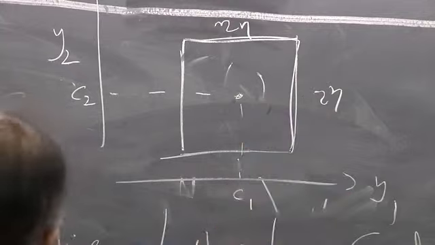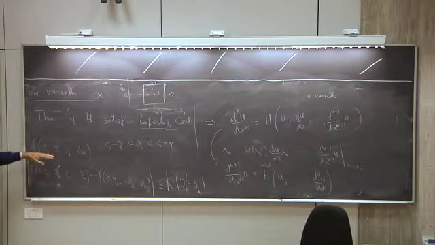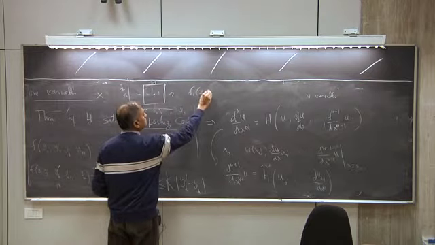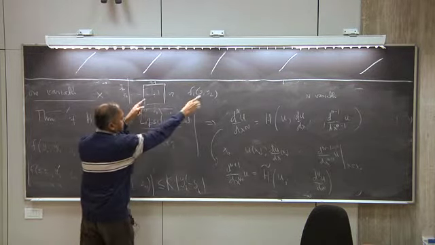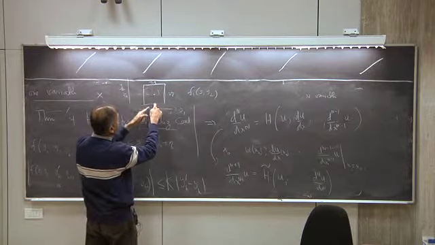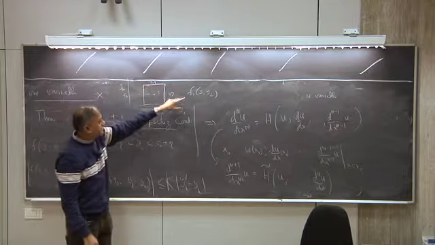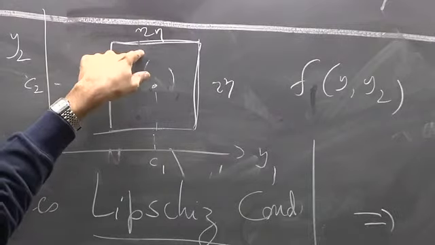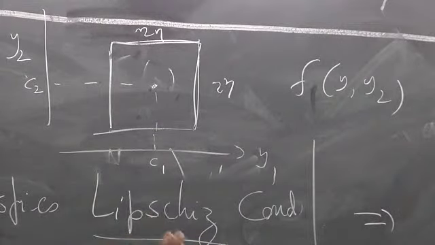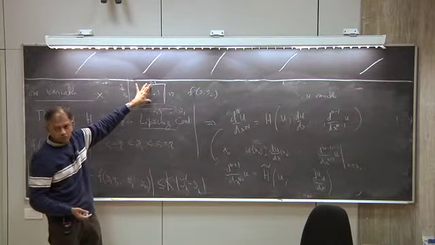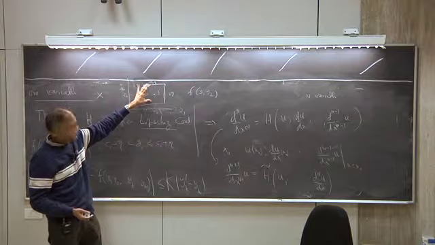What this condition is saying is that for this function of y1 and y2, if I keep y1 fixed and change y2 from here to there, then the absolute value of the difference between the function evaluated at this point and at that point is less than or equal to some finite number times the distance between these two points. Similarly in the other direction.